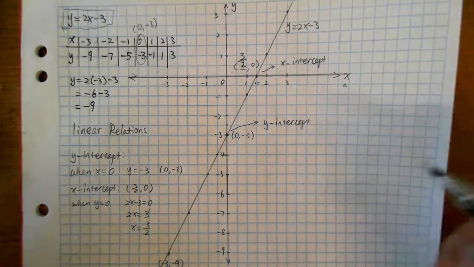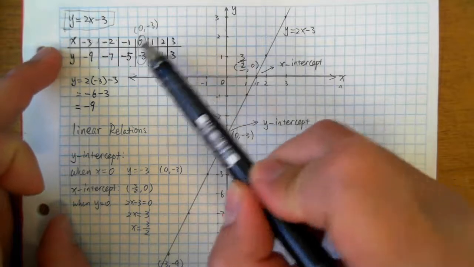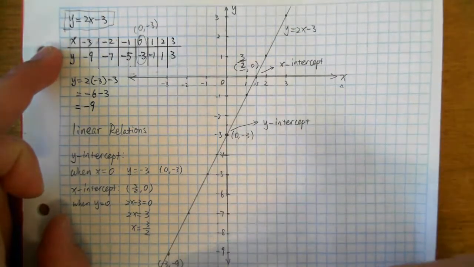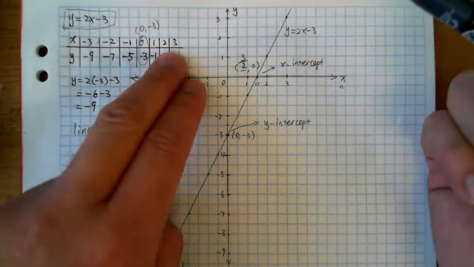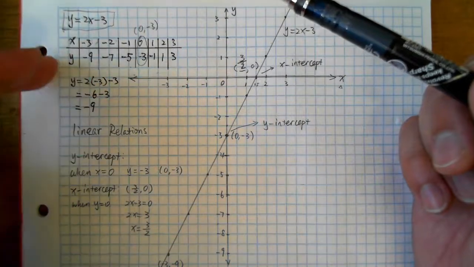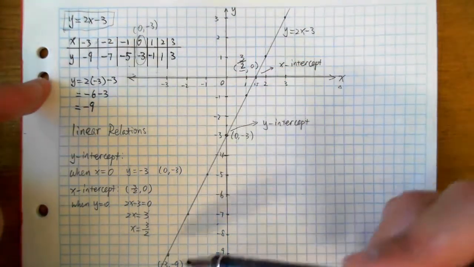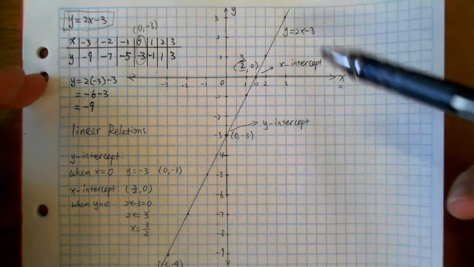Okay? Alright, so generally speaking, if you want to graph a relation, you need to set up different values of x, and then find the corresponding y. After you do that, you draw all the points on the graph, and then use a line to connect them.